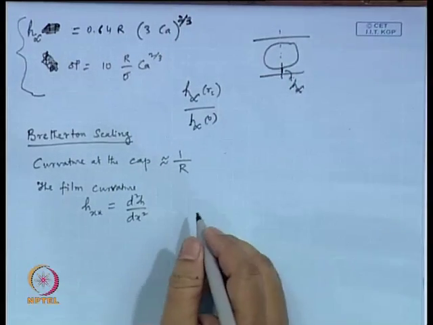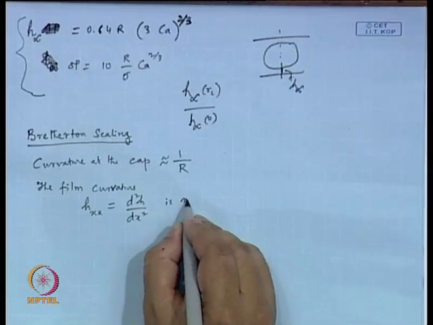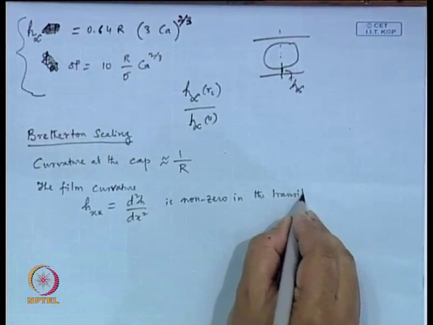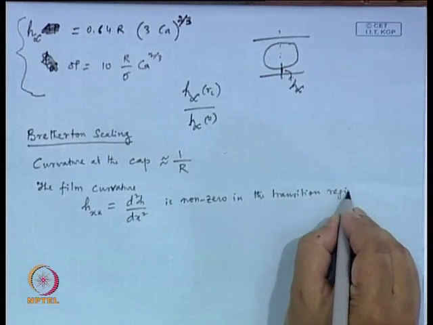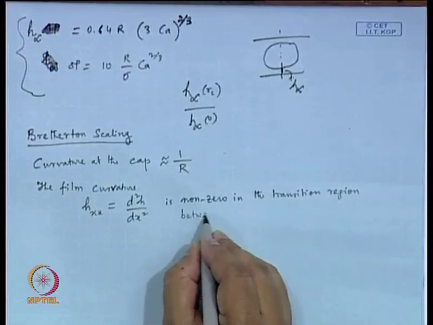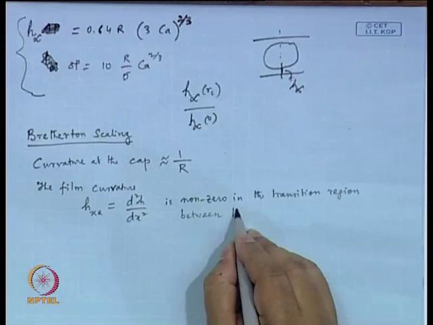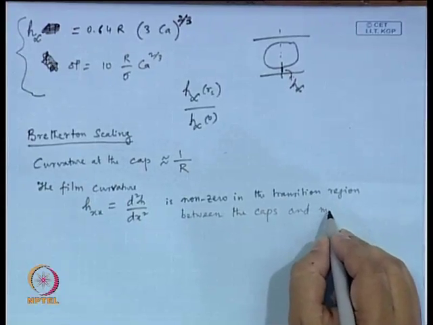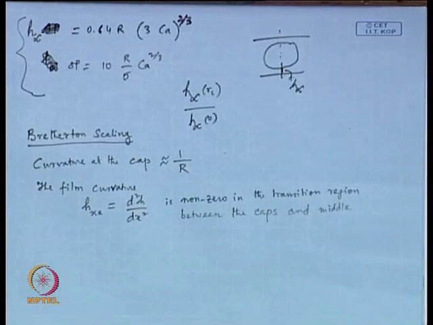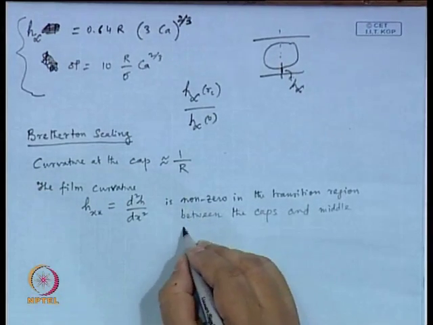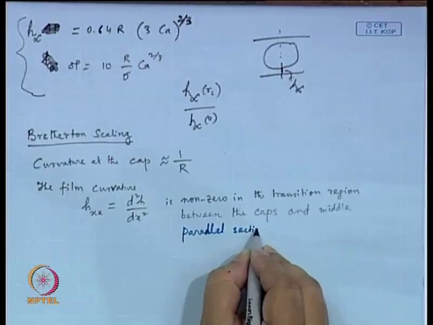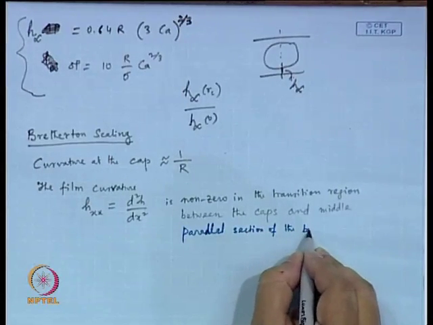Now, this is non-zero in the transition region between the caps and the middle parallel section of the bubble.